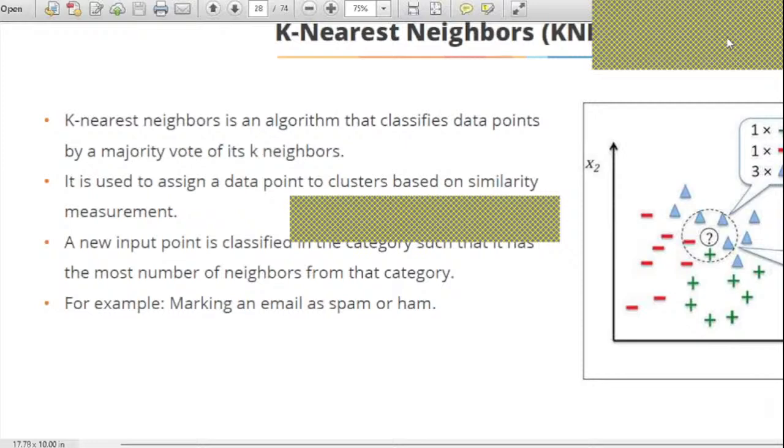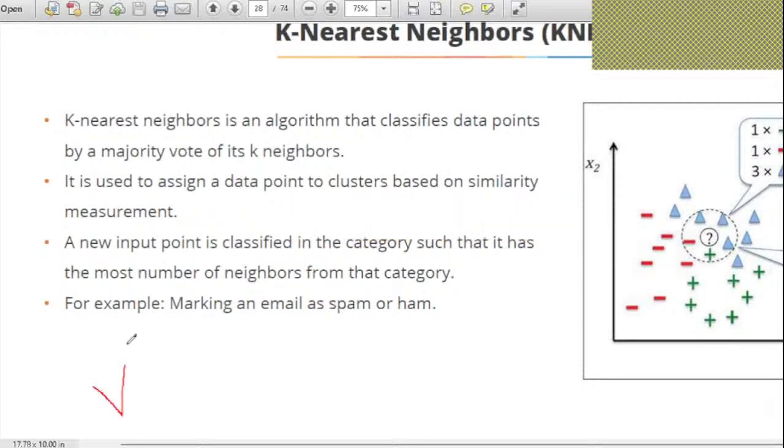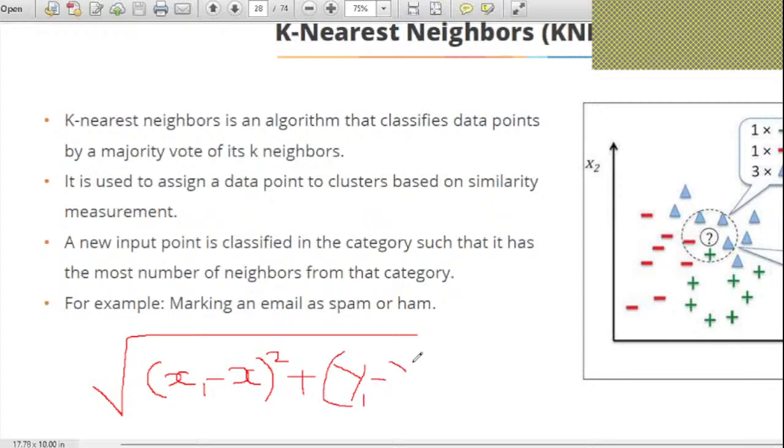It is x1 minus x2, whole square, plus y1 minus y2, whole square, and the entire thing to the power of 1 by 2, or the square root of it. Remember that?